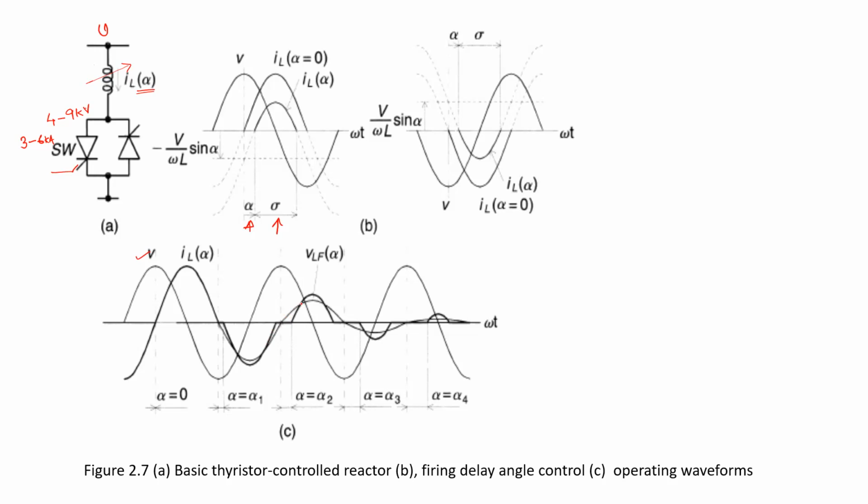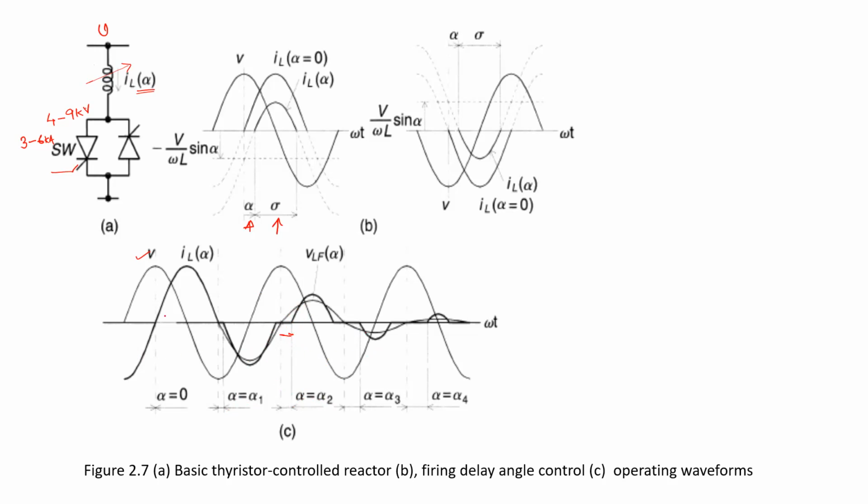In the next consecutive half cycle, the firing angle again increases. So the delay angle increases. This is the delay angle. Under such condition, the conduction angle is smaller and so on.